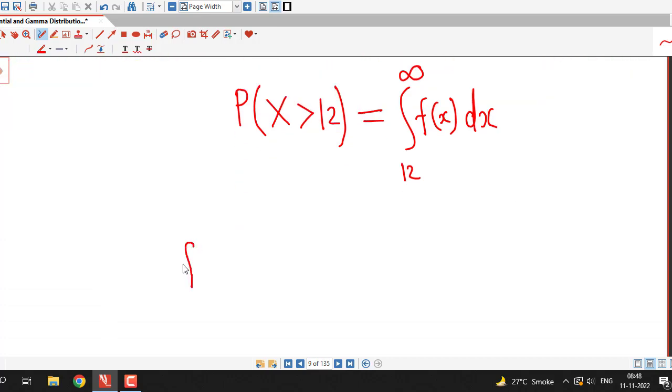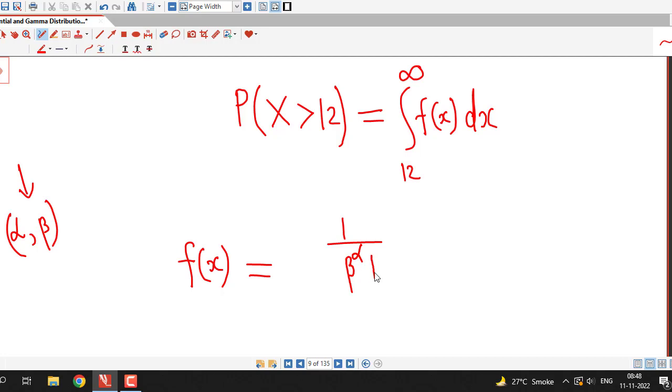Now what is the PDF of gamma distribution? We have already discussed all these things in lecture number 1 and 2. If we are using parameters alpha and beta, then the PDF is 1 over beta raised to alpha times gamma alpha, x raised to alpha minus 1, e raised to minus x divided by beta, whenever x is positive, otherwise 0.